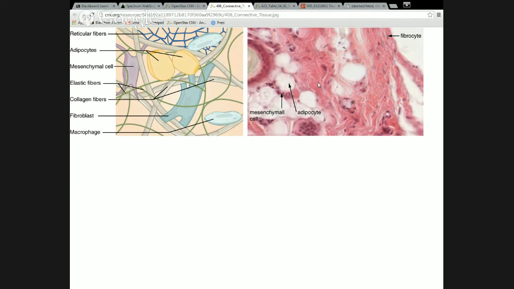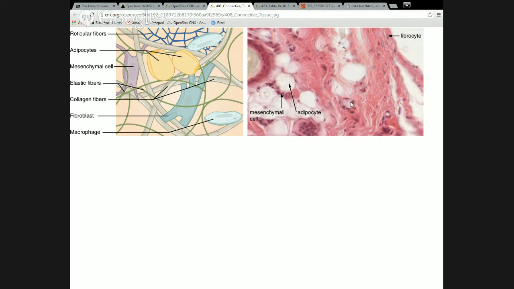And then over here, we're looking at an actual slide of some tissue. And they're pointing at some adipose cells and other kind of cells that are kind of in this tissue.